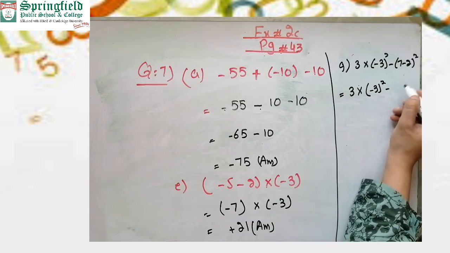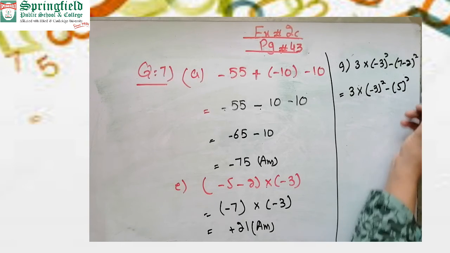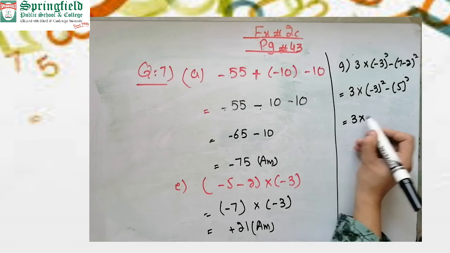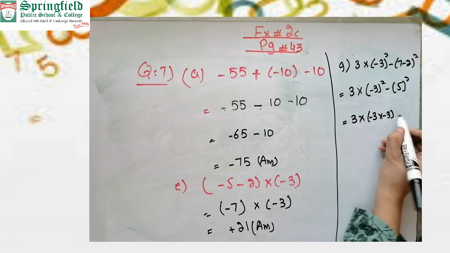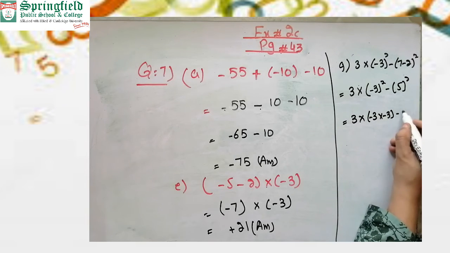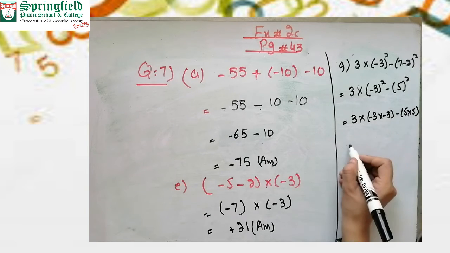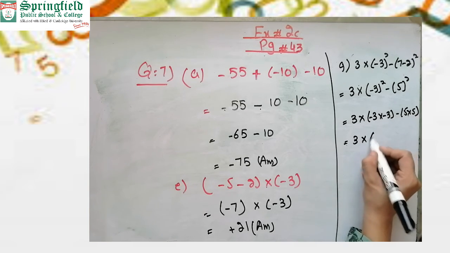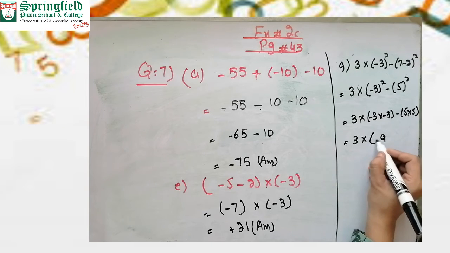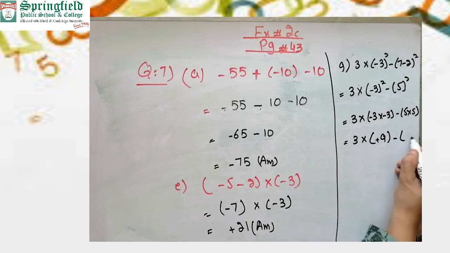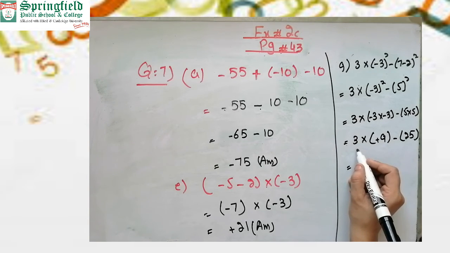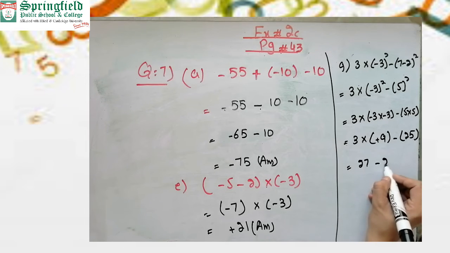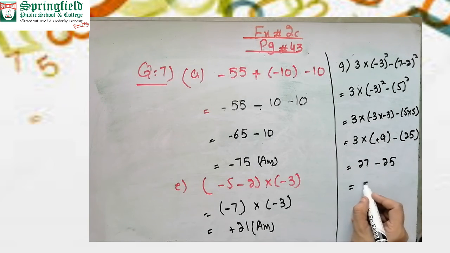Minus 7 minus 2, 5 and write down power 2. Now come on the power, minus 3 power 2, it means minus 3 will multiply 2 times, and 5 power 2, it means 5 will multiply 2 times. 3 multiply 3, 3 3s are 9, minus minus plus 9 minus 5 5s are 25. Now 3 multiply with 9, 9 3s are 27 minus 25. 27 minus 25, 2, and 2 is your final answer.